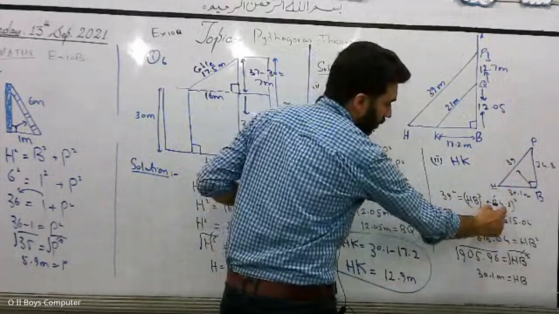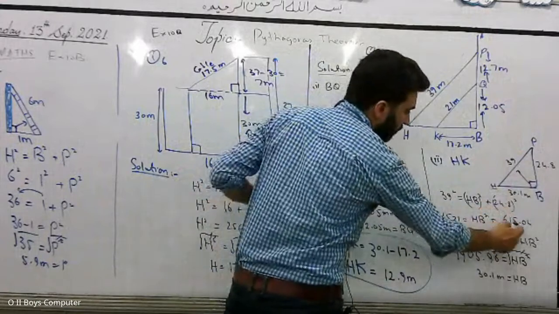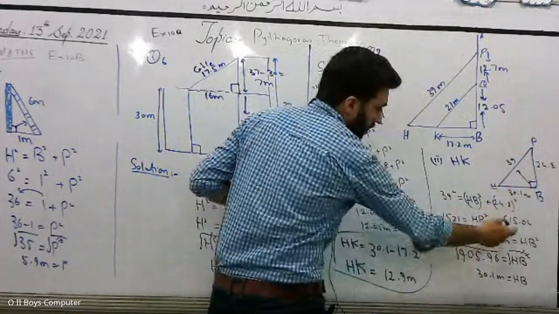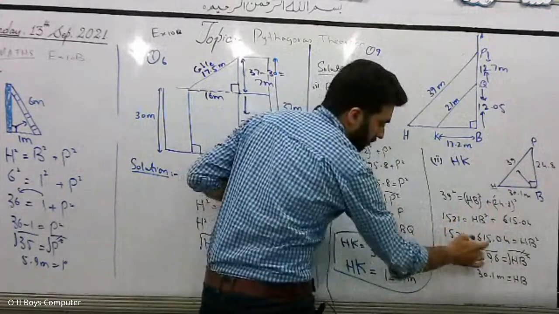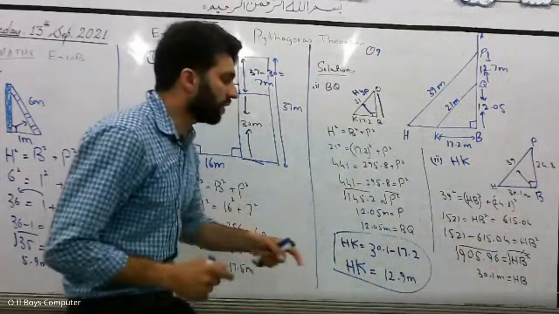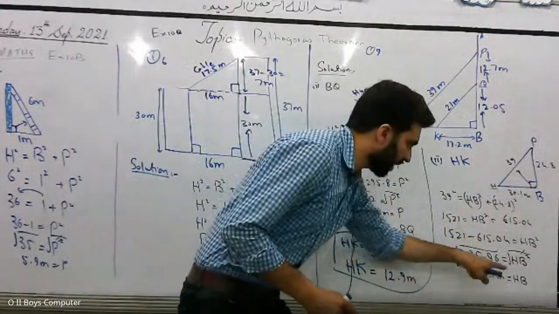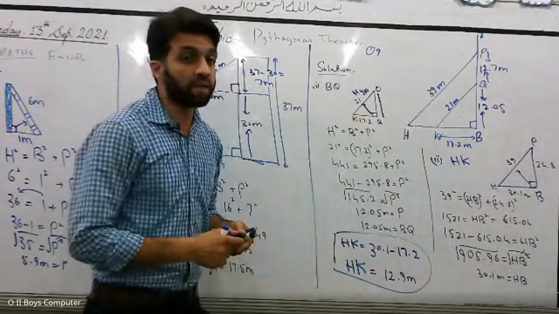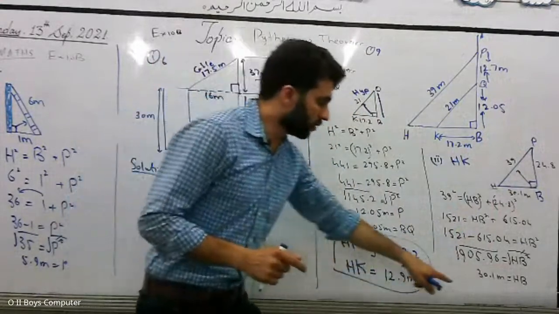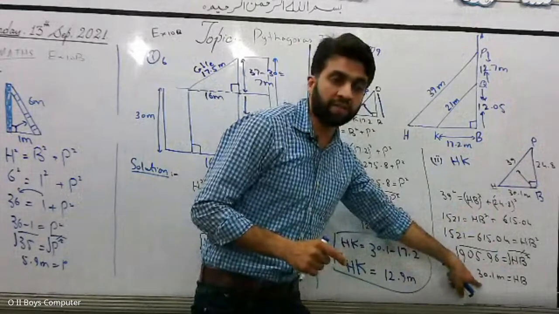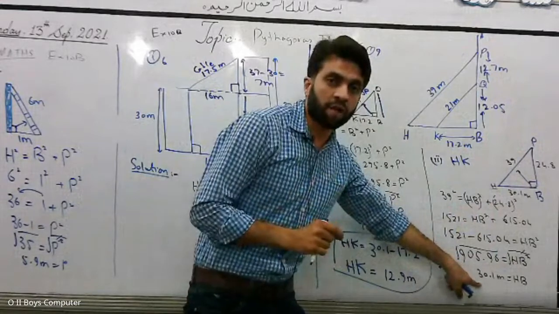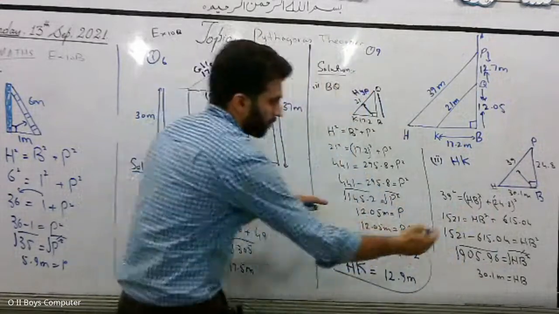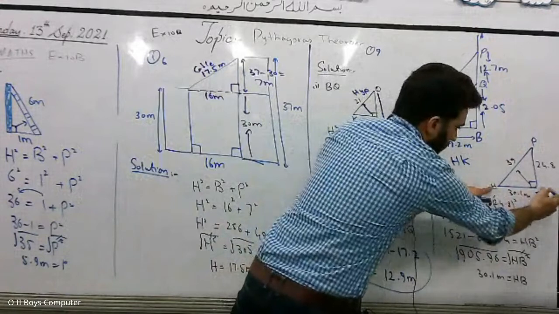The square of 24.8 is 615.04. Move this value to the left side, subtract these two values, you will get 905.96. And when you take the square root of this value, you will get 30.1 meters, which is HB actually. So this is HB, 30.1.